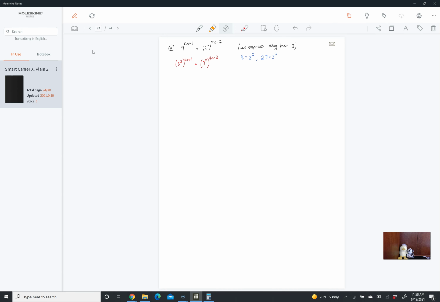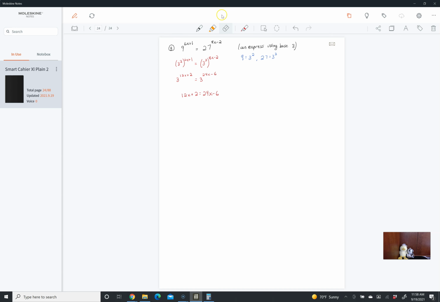Then we're distributing the exponents. So we get 3 to the 12x plus 2 is equal to 3 to the 24x minus 6. The exponents are equal because the bases are equal. So 12x plus 2 is equal to 24x minus 6.